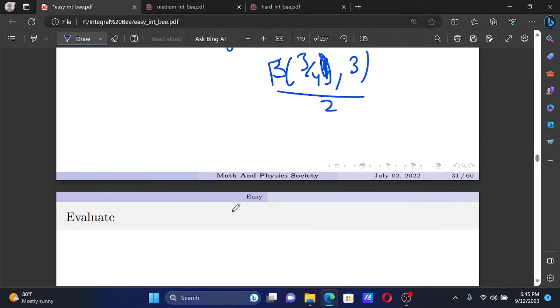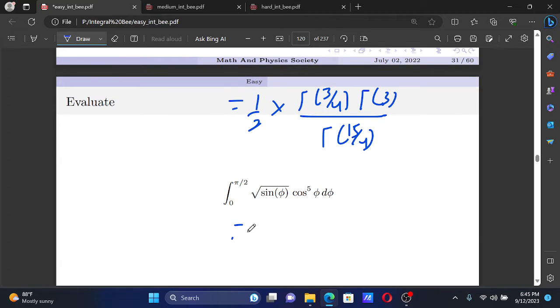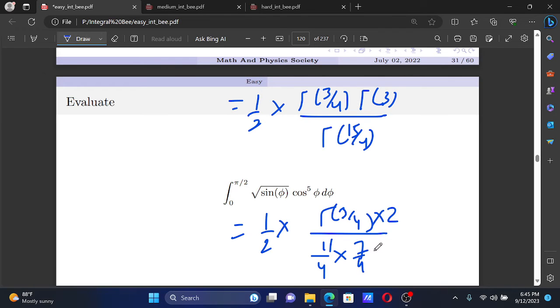And now that is 1 by 2, gamma 3 by 4, gamma 3 over gamma 15 by 4. For this one, 1 by 2 into gamma 3 by 4 into gamma 3 is just 2, and this one is 11 by 4 into 7 by 4 into 3 by 4 into gamma 3 by 4.